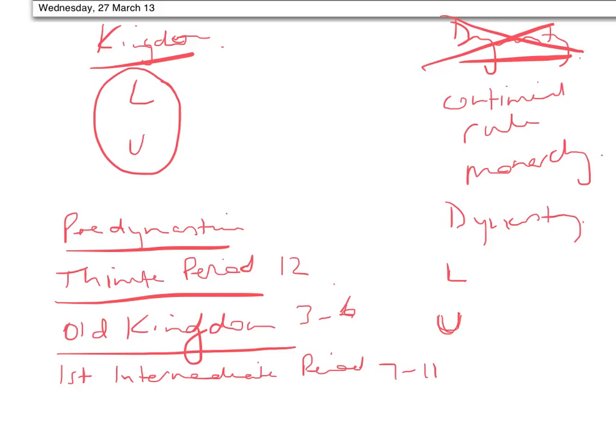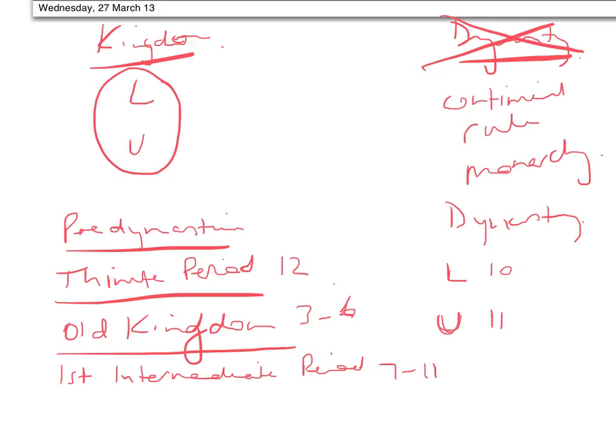So we might have Dynasty 7 here and Dynasty 8 here, and then someone will overthrow Dynasty 7 and we'll end up with Dynasty 9. And then someone will overthrow Dynasty 9 and we'll end up with Dynasty 10. And then someone will overthrow Dynasty 8 and we'll end up with Dynasty 11, if that makes sense. That's how it kind of works.